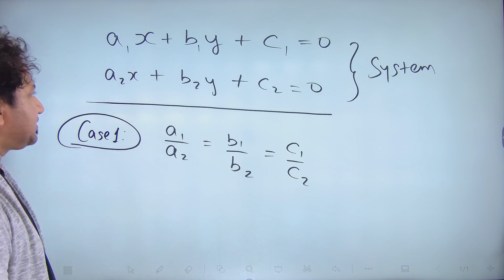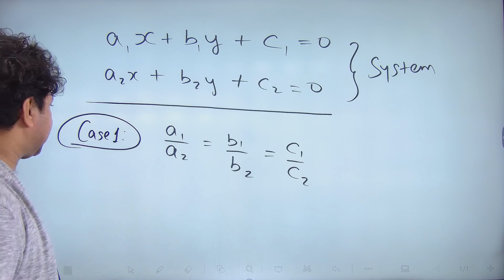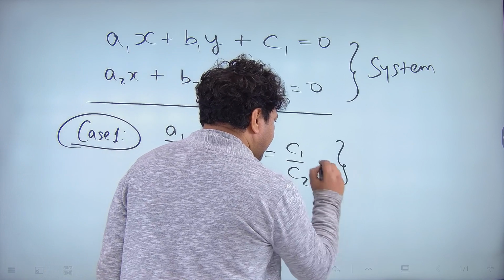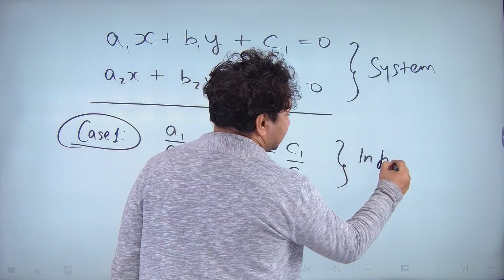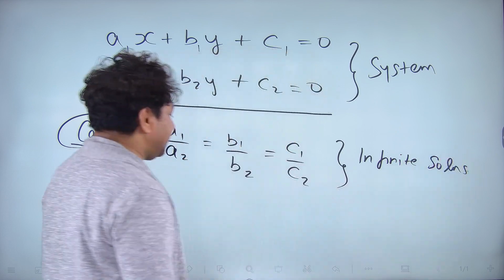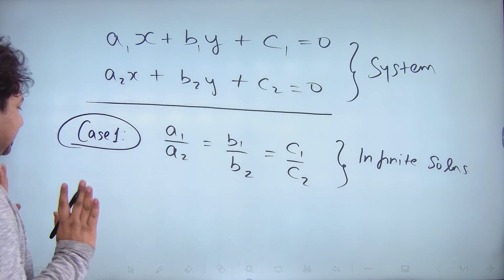So in this case, what actually happens? That is what we'll discuss in the first case. By the way, in this, we will be getting infinite solutions. I'll tell you how by giving some examples. Infinite solutions. This is going to be the first case.